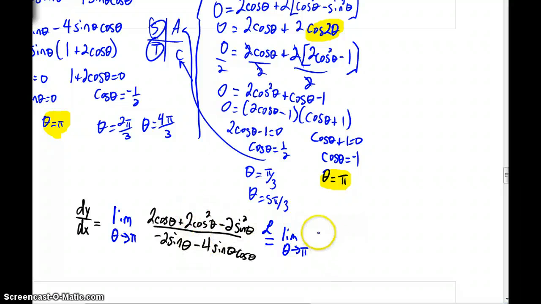Obviously we get 0 over 0, but the derivative of cosine is negative sine, so this is 2 negative sine of theta. Here we're going to need the chain rule. 2 brings down with the 2 to multiply a 4. It's 4 cosine of theta, but take the derivative of the inside, we'd get negative sine of theta here as well.